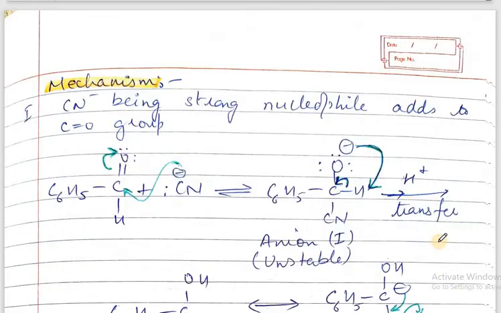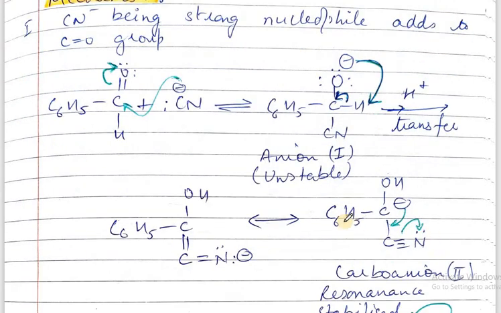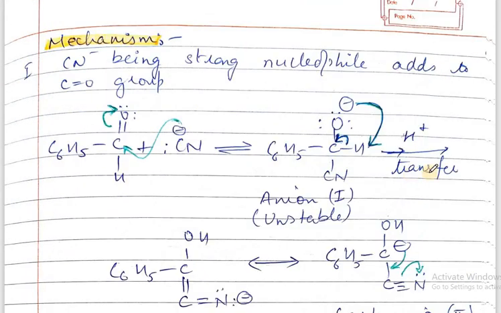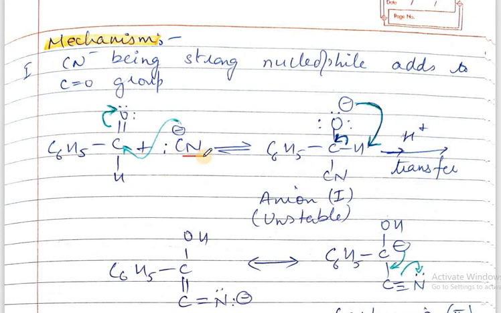So the mechanism is, first the CN group, that is from KCN, acts as a nucleophile. As we have already seen in nucleophilic addition reactions, the nucleophile attacks first. So in this also, CN is a strong nucleophile.